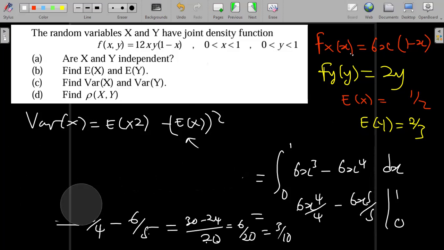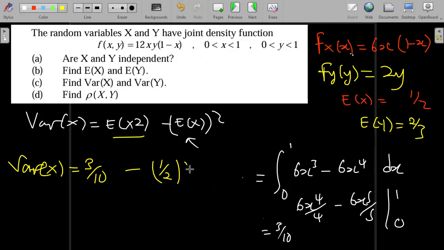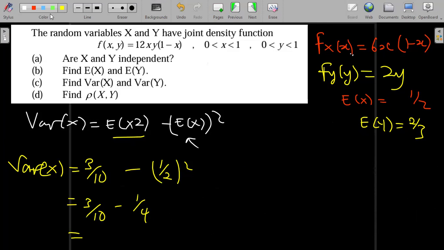So what does that mean for the variance? It means the variance of x is equal to 3 over 10, which is this, and then we square this guy. So 1 over 2 squared. So it will be 3 over 10 minus 1 over 4. All right, so let's erase this part and then solve that.